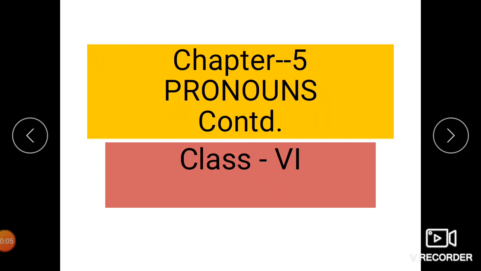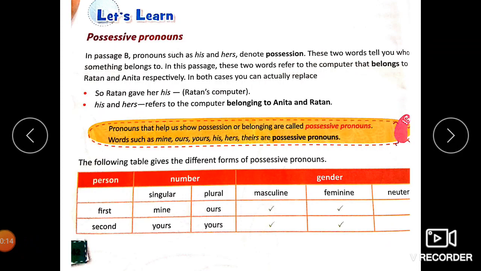Let us continue with the chapter Pronouns. We have already started learning what pronouns are in your previous class. We have completed the first type of pronoun, that is the personal pronoun. We have learned what a personal pronoun is, and we have also learned about subjective personal pronouns and objective personal pronouns.